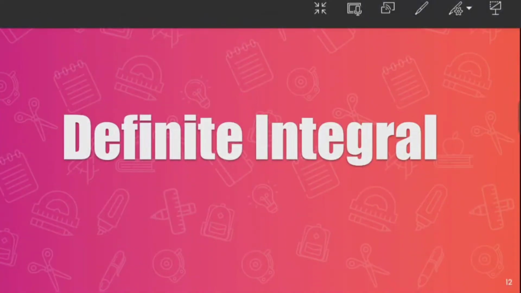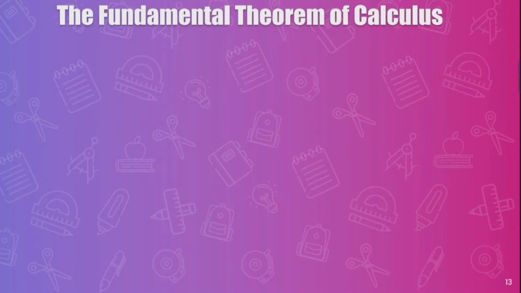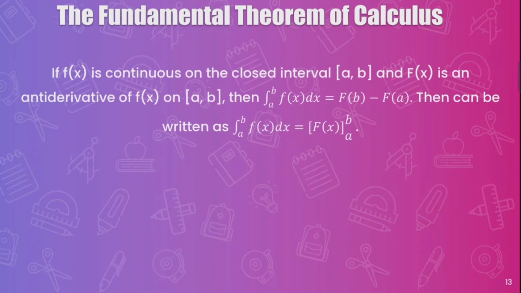Right? Let's start, which is the definite integral. So let's start with the fundamental theorem of calculus. Let's say if f of x is continuous, when we say continuous, tuloy-tuloy, right?